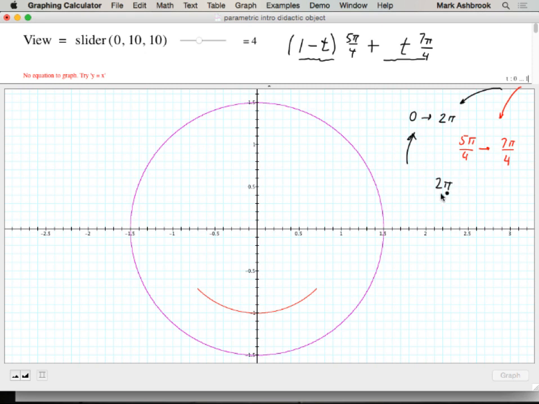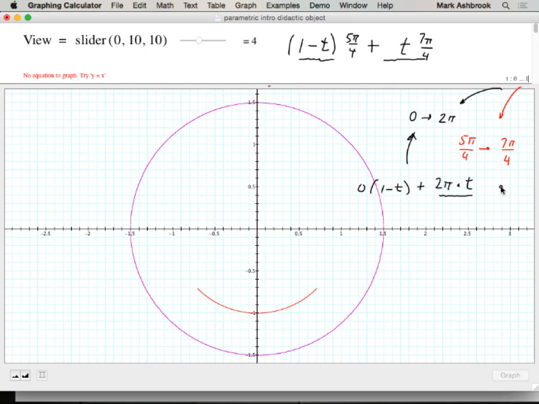Okay. That's it? Yeah. You're right. So that's kind of what we came up with earlier, right? Just put in 2 pi t, and that was so easy because the starting value was 0, and that made it easy.